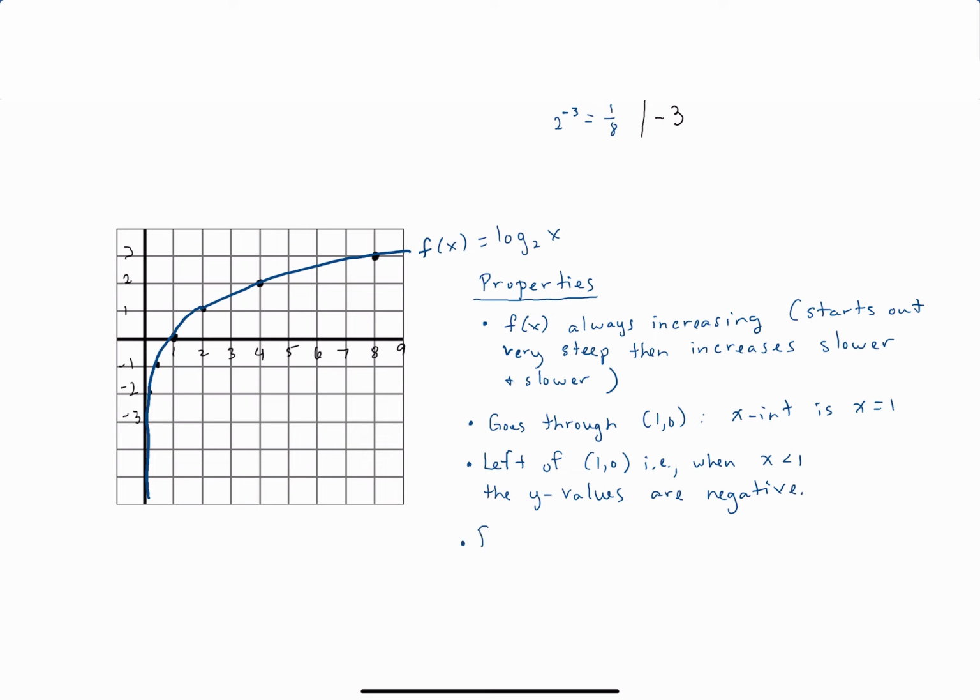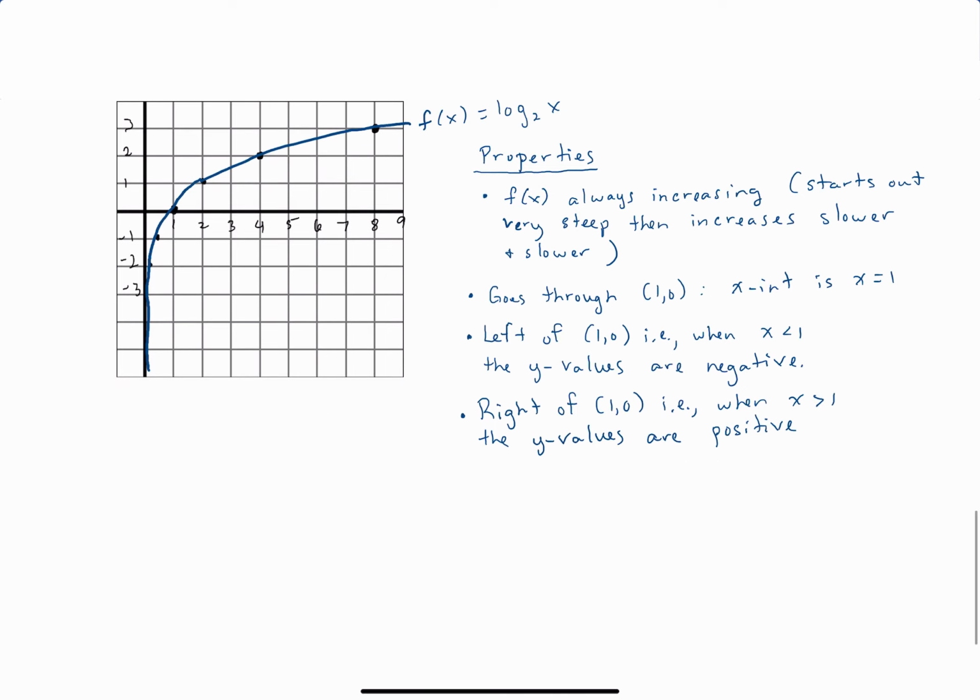To the right of 1, 0, in other words, when x is greater than 1, the y values are positive. The y-axis is a vertical asymptote.